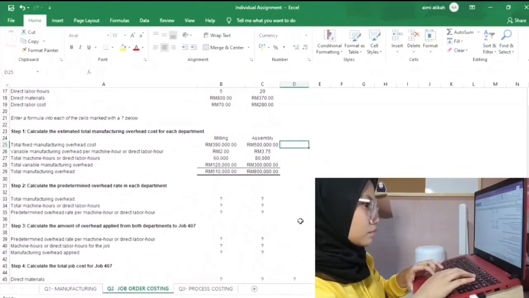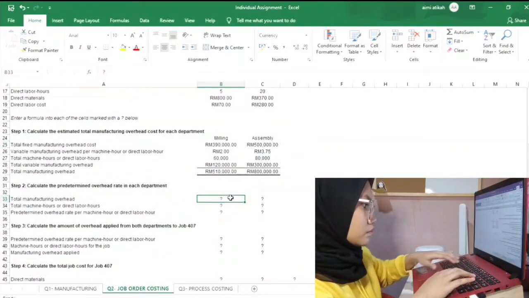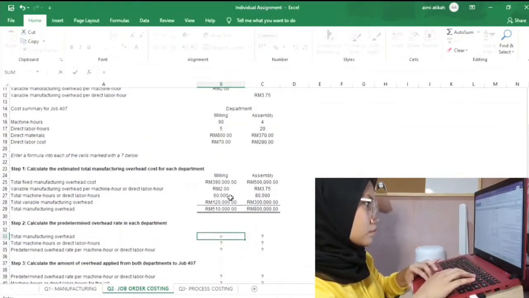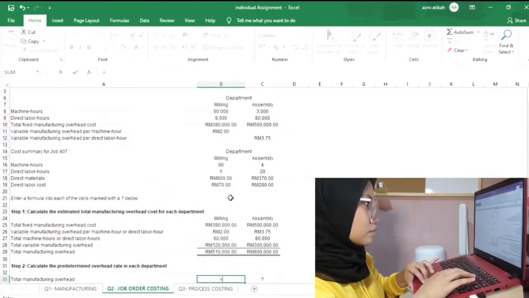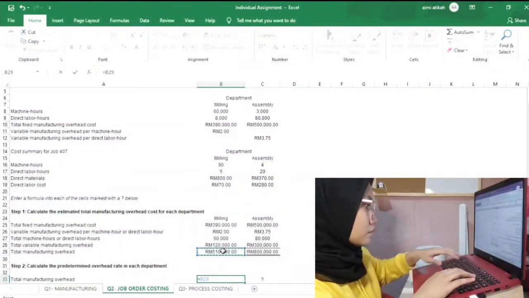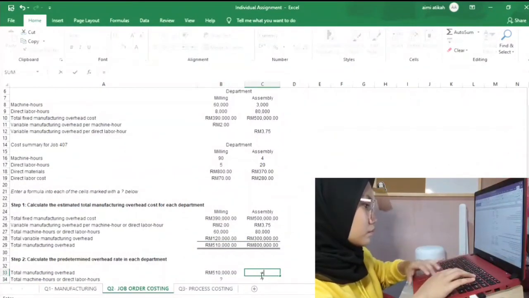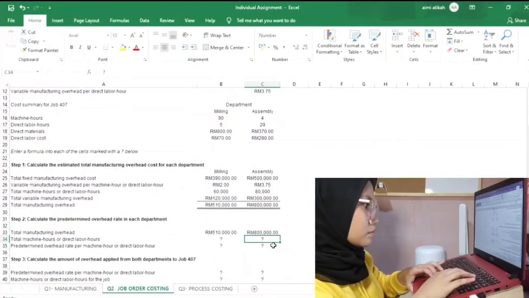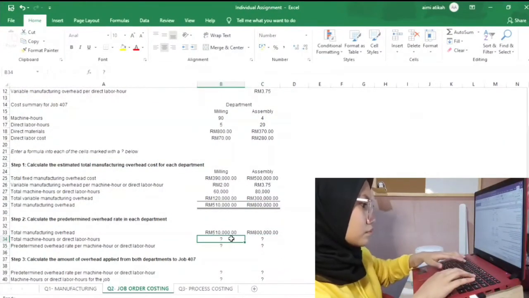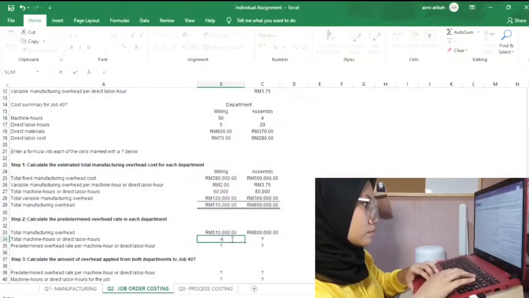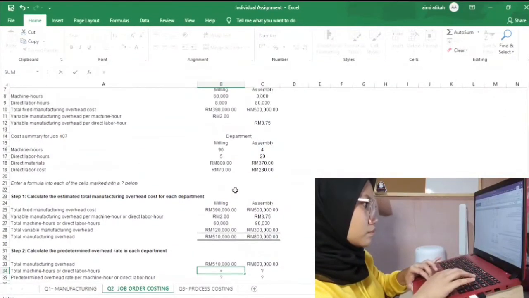And for step 2, I will take total manufacturing overhead for milling and total manufacturing overhead for assembly. For total machine hours for milling, and for total direct labor hours for assembly.